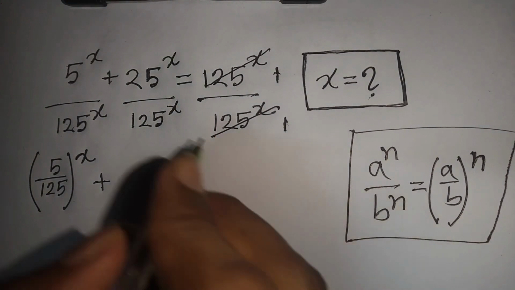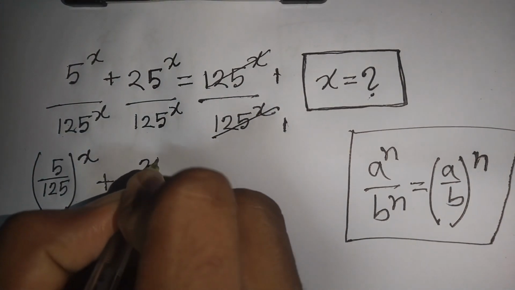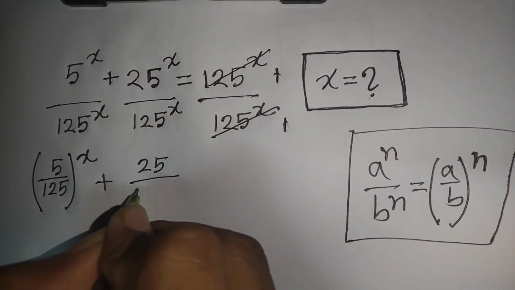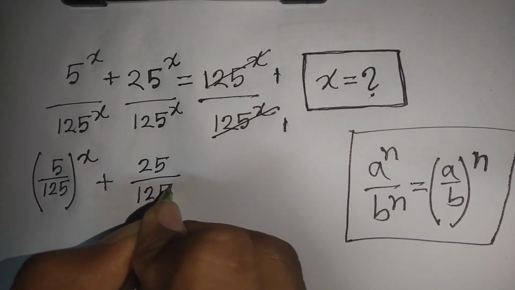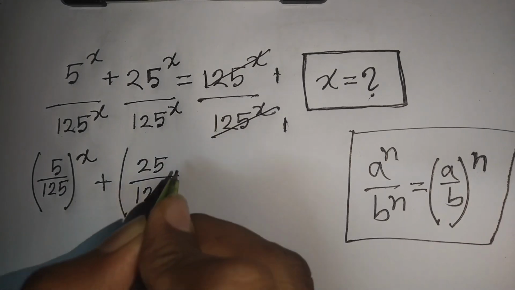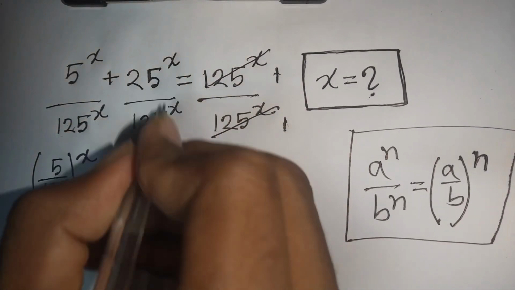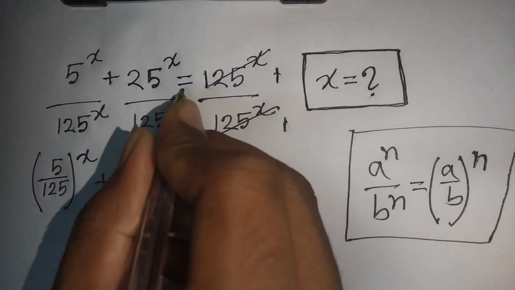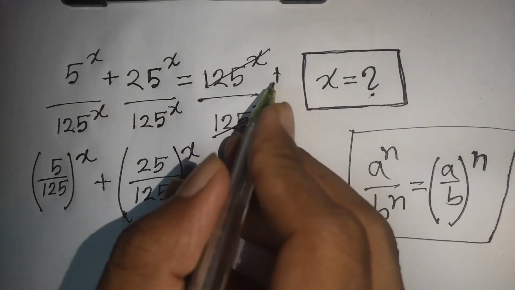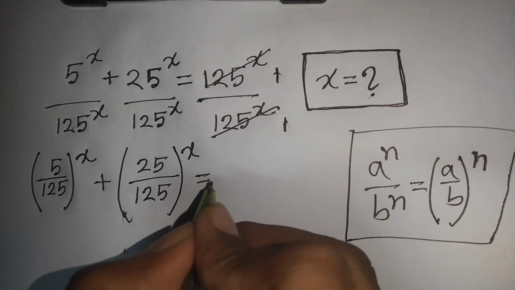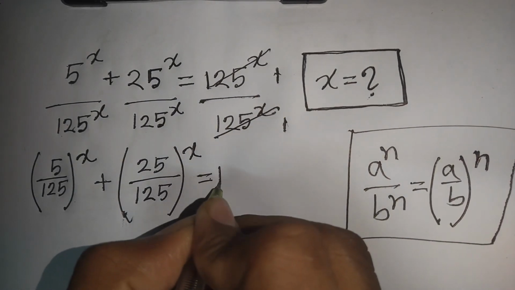So, according to this formula, we can write here 25 over 125, then bracket common power x is equal to 1 divided by 1, that means it will be 1.